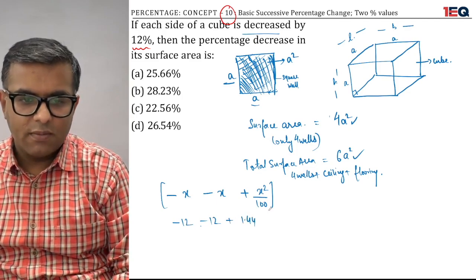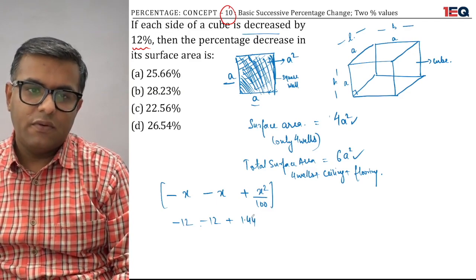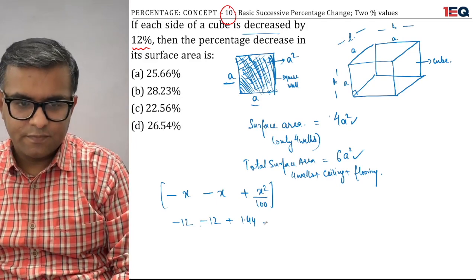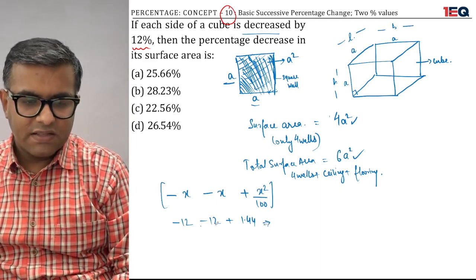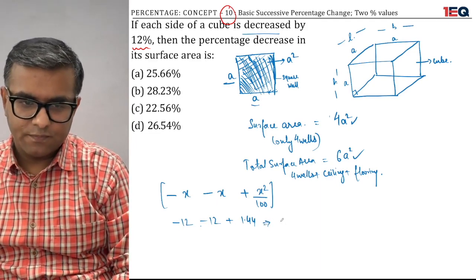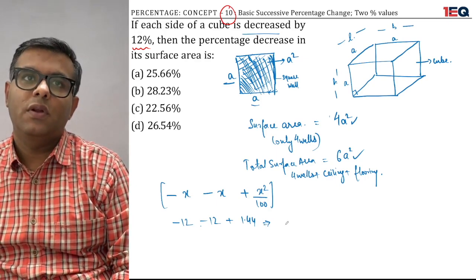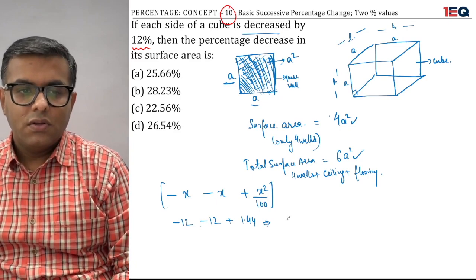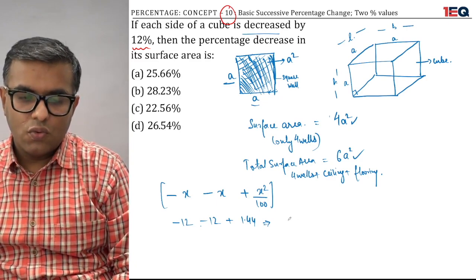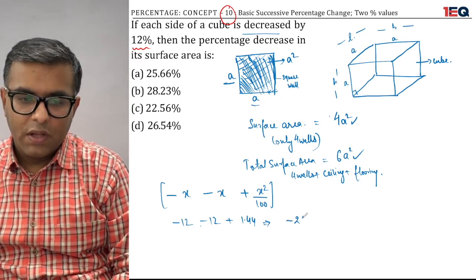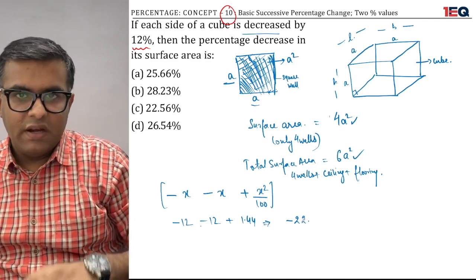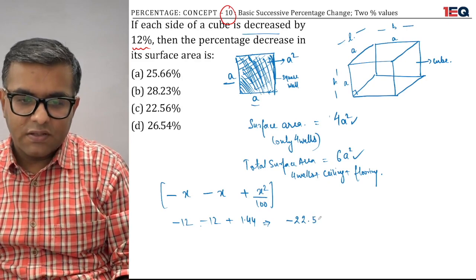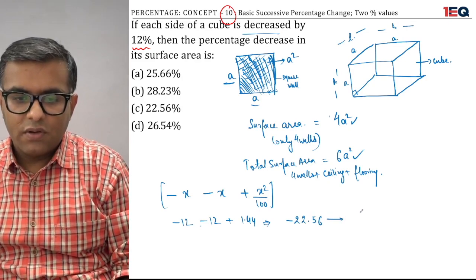The point is coming here because of the 100, and 144 comes when 12 is multiplied with itself. This makes it minus 24 plus 1.44. Minus 24 being a negative and a bigger number, it's going to change to minus 22, and the 0.44, when it is decreased by 100, would come down to 56.